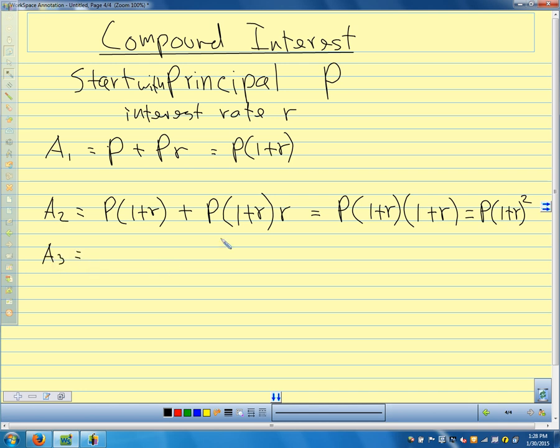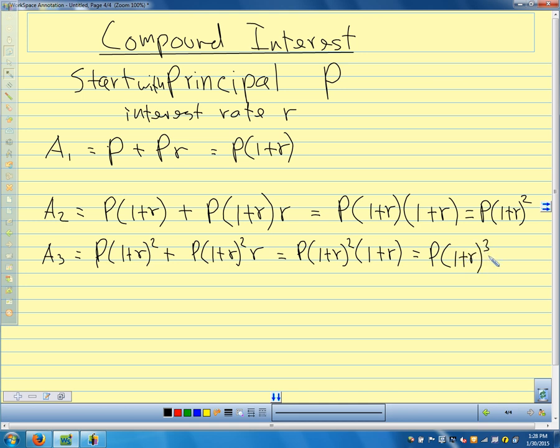After 3 years, I end up with the amount that I had after 2 years, plus the interest that I earn on that amount, which is P times 1 plus R squared times R. Now I can factor out that P times 1 plus R squared times 1 plus R, which is P times 1 plus R to the third.